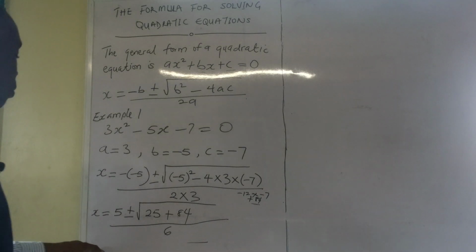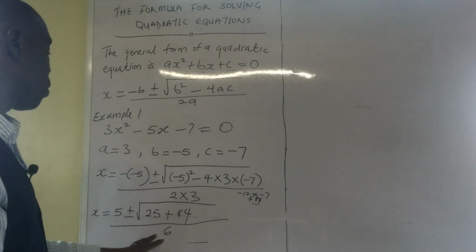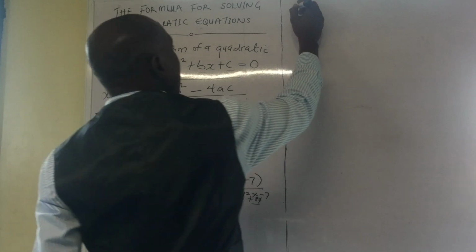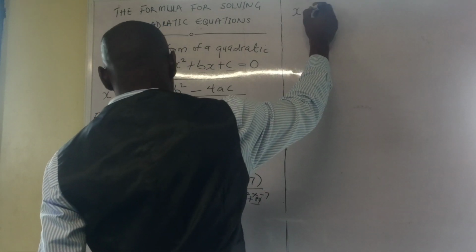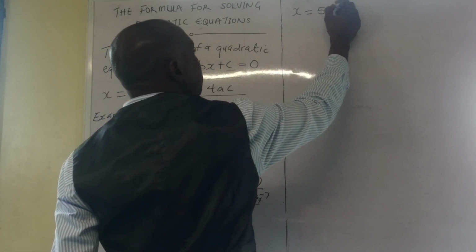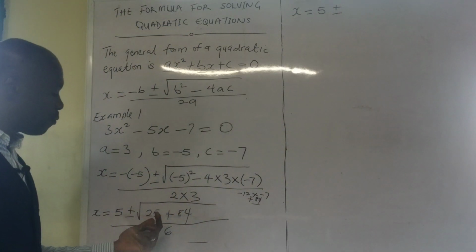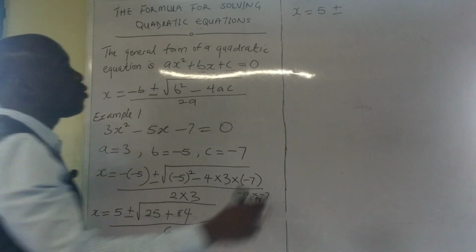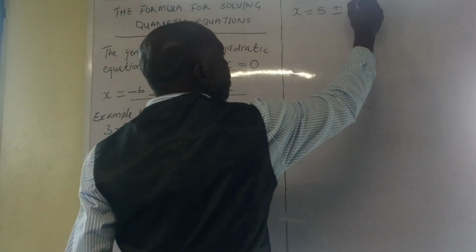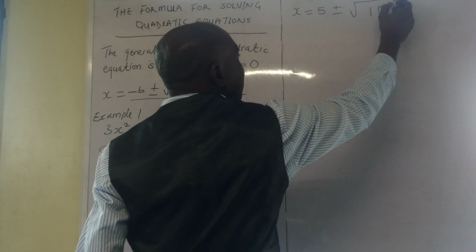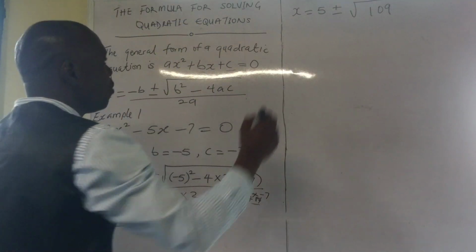So let's try to expand more. We have x equals 5 plus or minus the root of, when you add 25 plus 84, it gives us 109, all over 6.